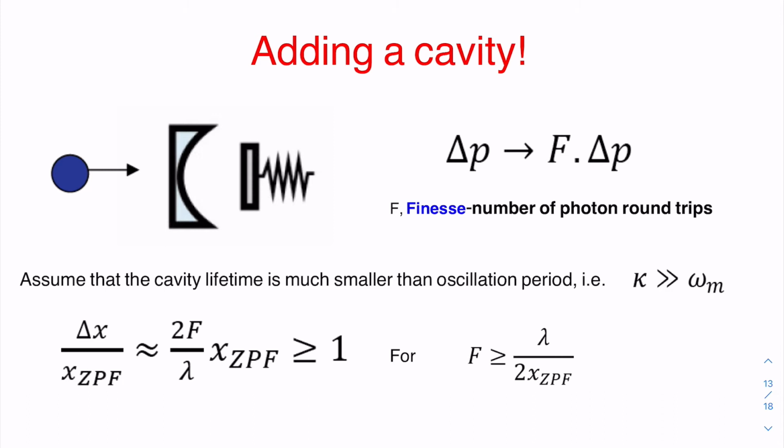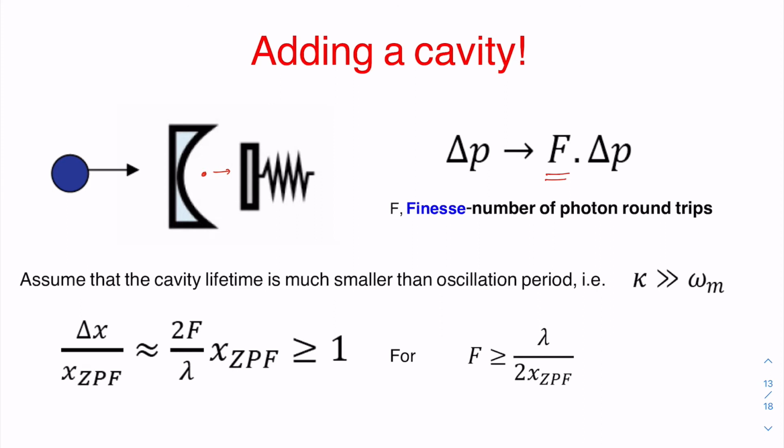Now when it becomes a cavity, the photon will oscillate between these two mirrors back and forth depending on the quality factor of the mirror, or the so-called finesse of the mirror. Finesse of the mirror gives the number of round trips of the photon inside the cavity before the photon eventually leaks away from the cavity.